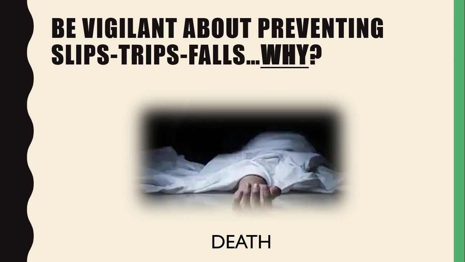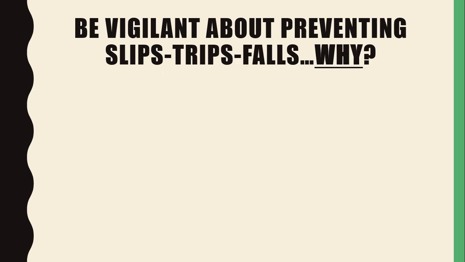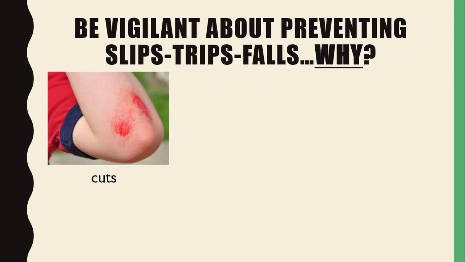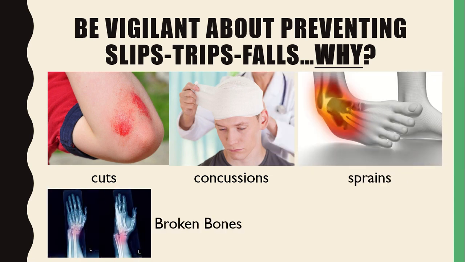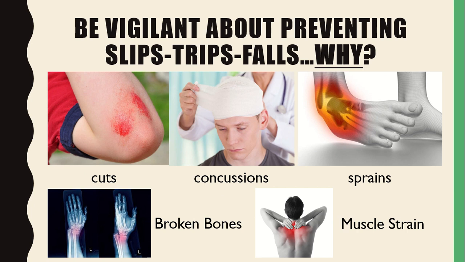Another reason why, of course, it can cause cuts, concussions, sprains, broken bones. And let's say you don't necessarily fall, but you slip or trip, you catch your balance, you still can strain muscles in your back that cause injury, okay? So we want to prevent all of those things.